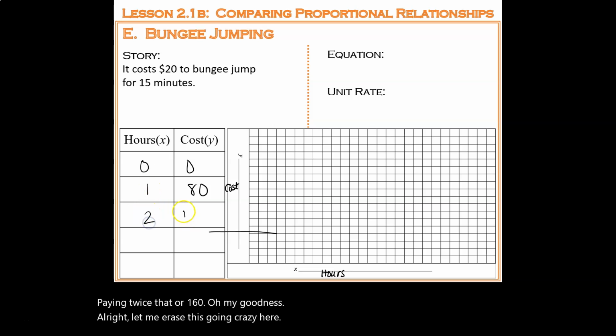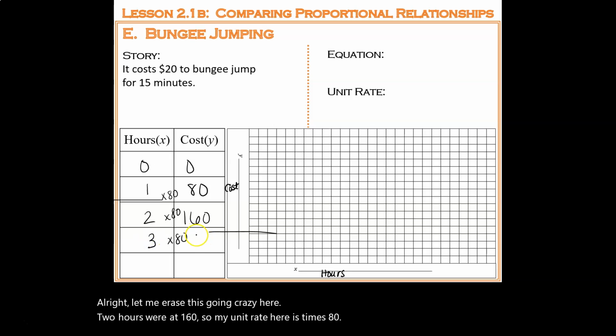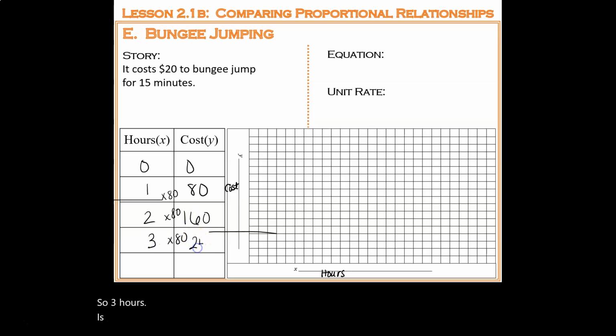At 2 hours, we're at $160. So my unit rate here is times 80. So 3 hours is $240. And then 4 hours times 80 is a whopping $320.